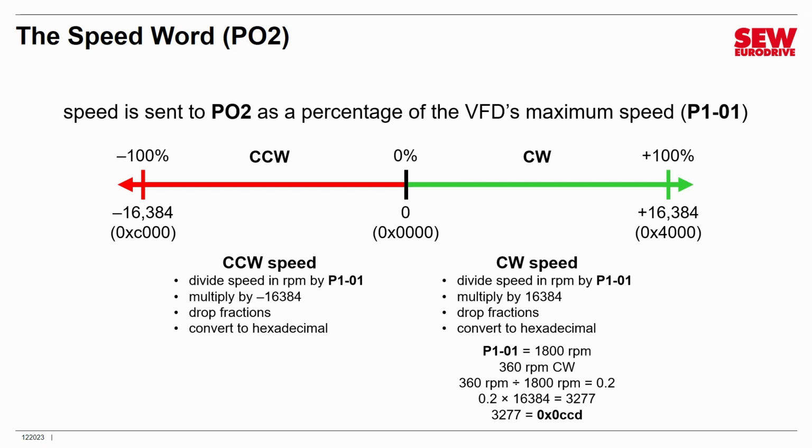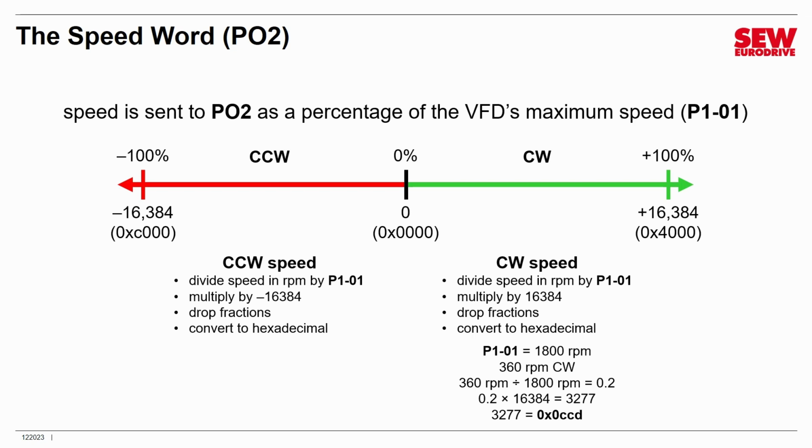So I get 3,277. Then I convert it to hexadecimal, which is 0CCD. So if I send 0CCD in process output word 2, my VFD should turn at 360 RPM. Yes, that was a lot of steps. Normally your PLC program would take care of this.